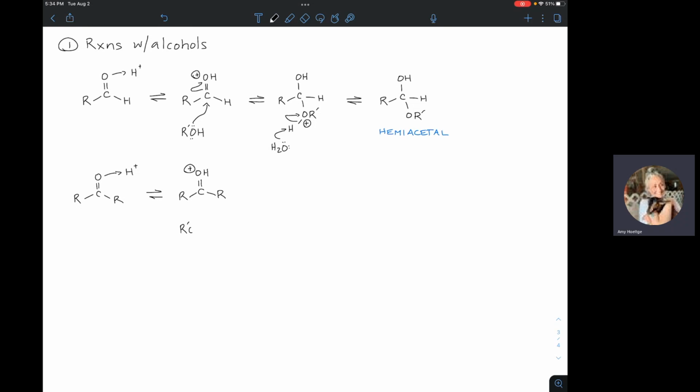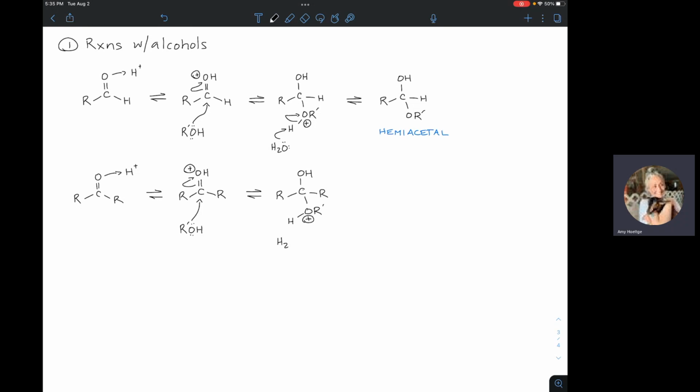I take one equivalent of alcohol, and I'm saying one equivalent pretty specifically because I'm going to show you what happens when we add two. And I form my tetrahedron. This is all the same thing we just saw, right? With the aldehyde. Only this time, we started with a ketone, so that H is actually an R. Water is going to come in.